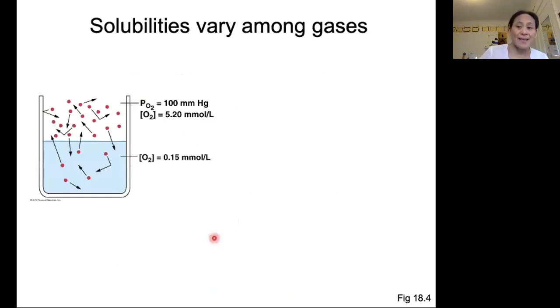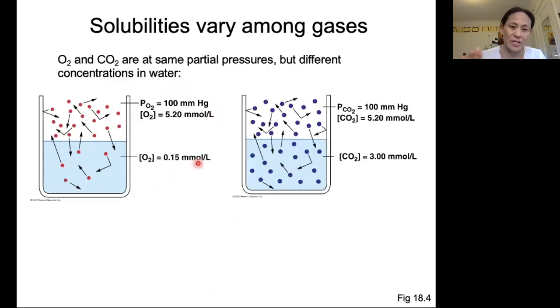If we compare different gases, we will see that they have different solubilities in water. We just saw in the previous slide that if we have a PO2 of 100 millimeters of mercury here, we're going to end up with a concentration of O2 equal to 0.15 millimolar. However, if we look at that same situation with carbon dioxide, carbon dioxide has a partial pressure of 100 millimeters of mercury in this example. Notice that that is the same partial pressure that we have over here.